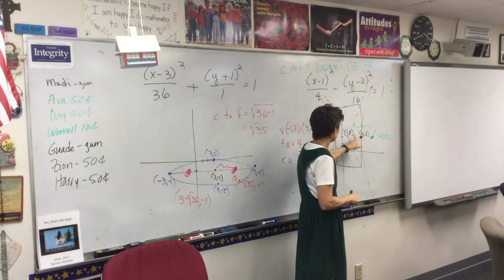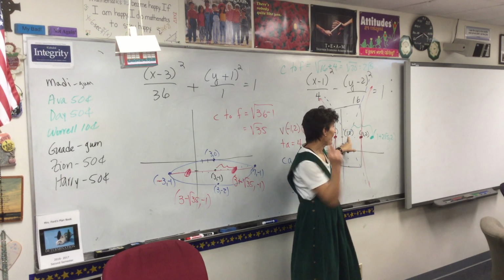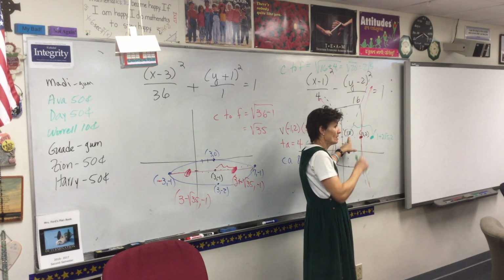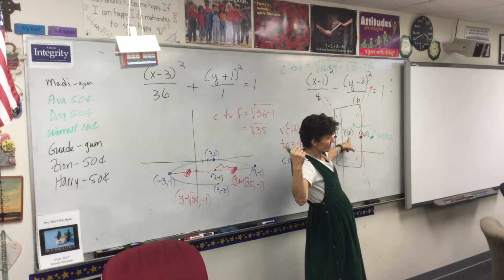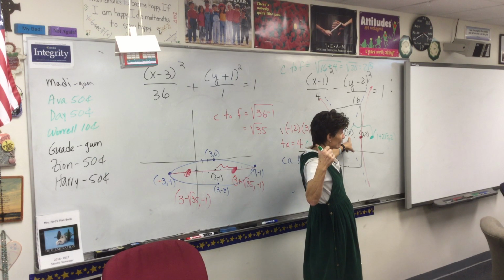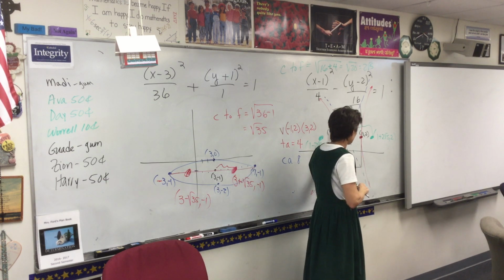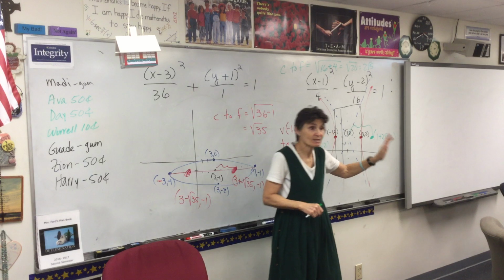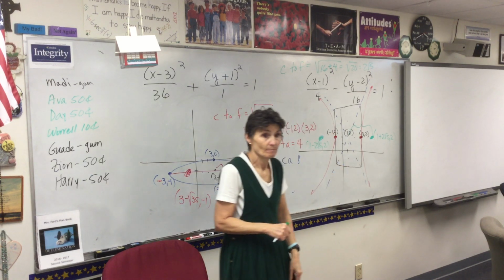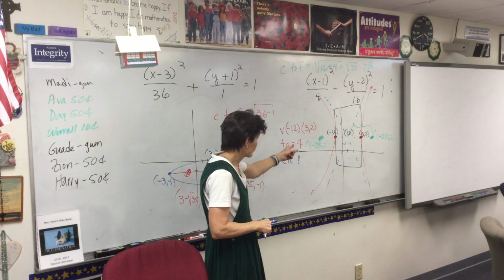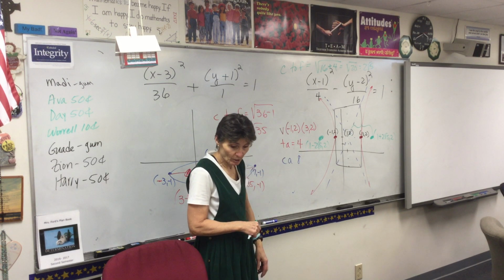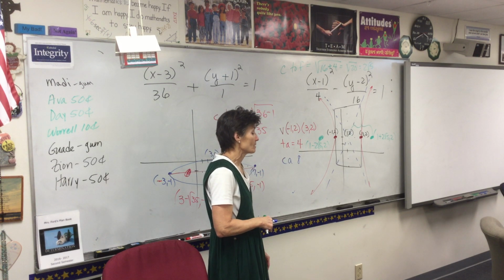Start at your center, which is at 1, and add the distance, 2 root 5. Subtract the distance, 1 minus 2 root 5. Again, we're going sideways, so you're going to be adding and subtracting to the x. Those are the answers. Those green things, those are the focus points. That's what goes in the F blank.